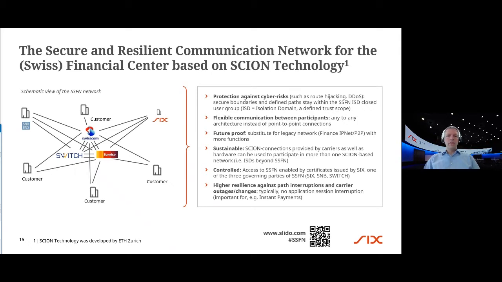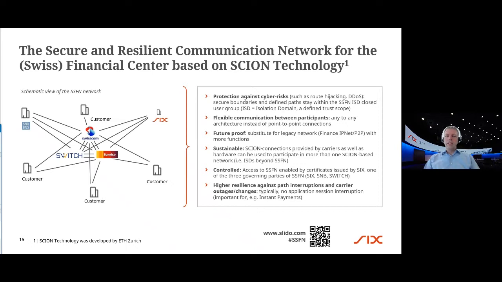In our context, it is resilient, it is sustainable. We can reuse the same connectivity for other means as well, not just for the Swiss Secure Finance Network, but also for any kind of other protection network using the same links and making multiple usage of the same network.